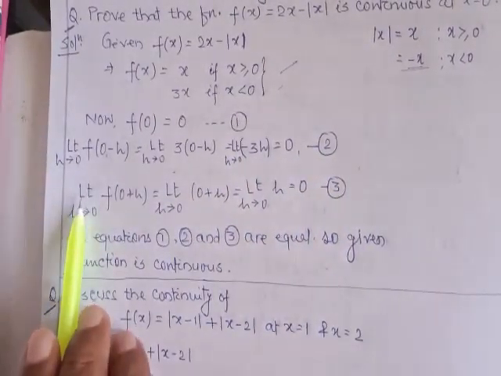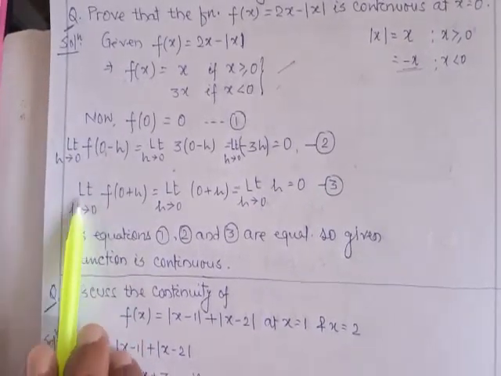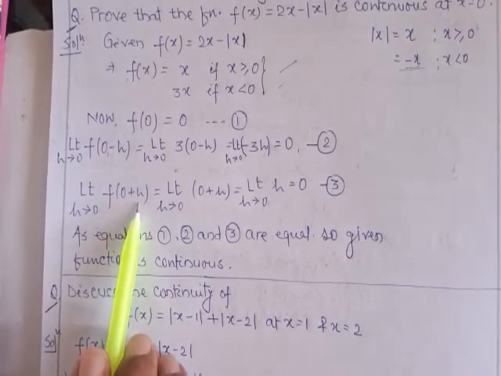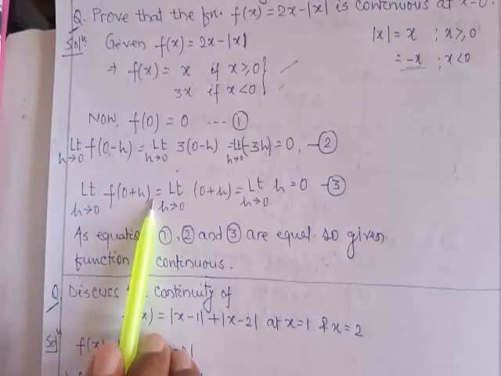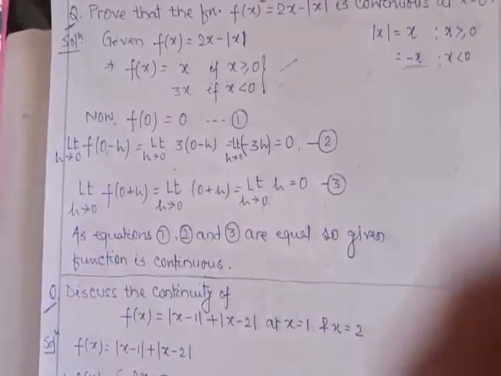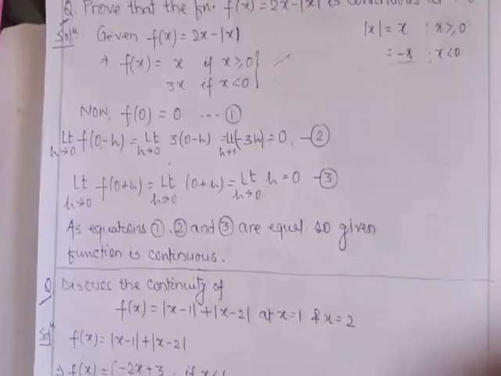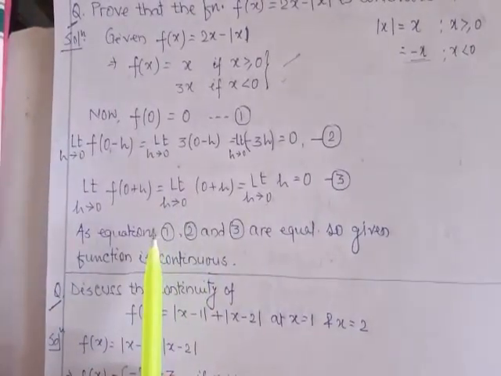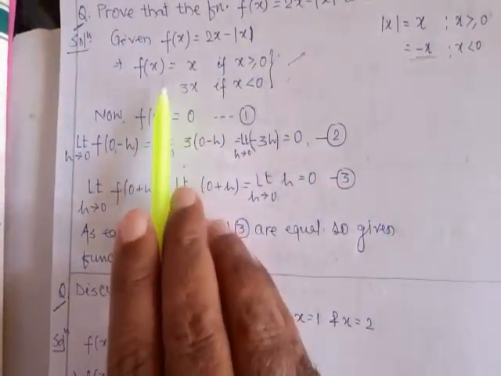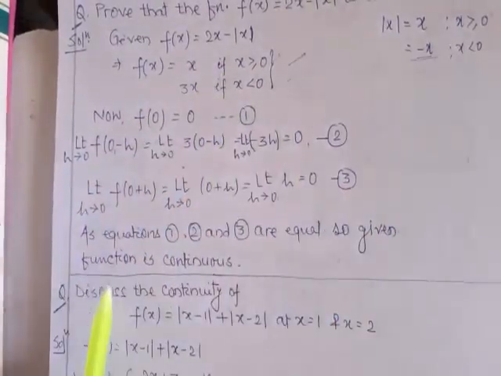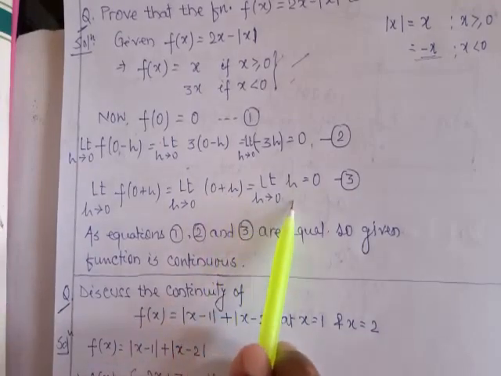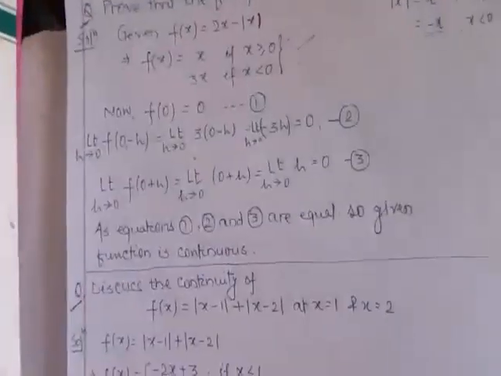And right hand limit. For the right hand limit, take limit h tending to 0 of f(0 + h). 0 + h means it is greater than 0, so apply the upper one. x is equal to 0 + h, so it should be f(0 + h), limit h tending to 0, that is h, which is 0.